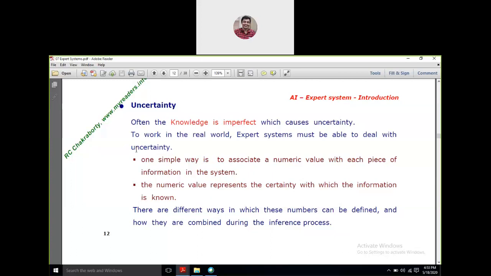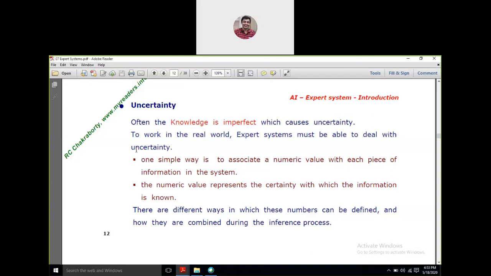There are some ways of dealing with uncertainty. The simplest way of dealing with uncertainty is to attach a numeric value to every single piece of information that we are gathering. By doing so, we can remember the missing links in those pieces of information if they are properly quantized, right?